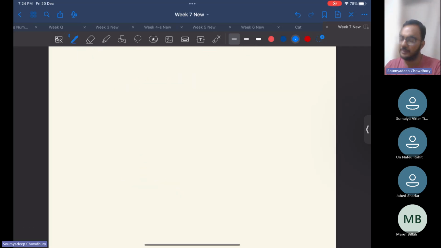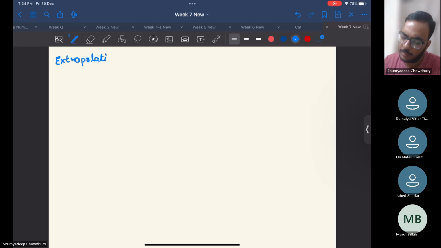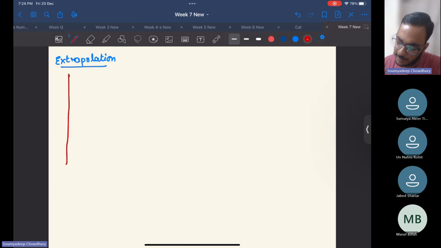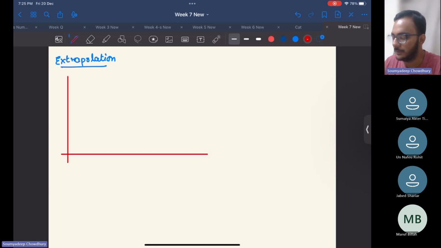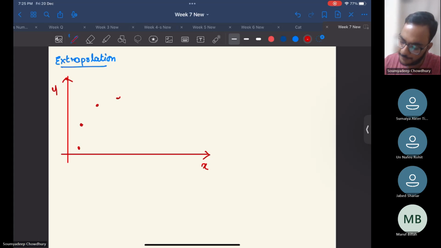Whereas extrapolation is used to find an unknown value of y for an unknown value of x. Suppose you have the same data points, like this.